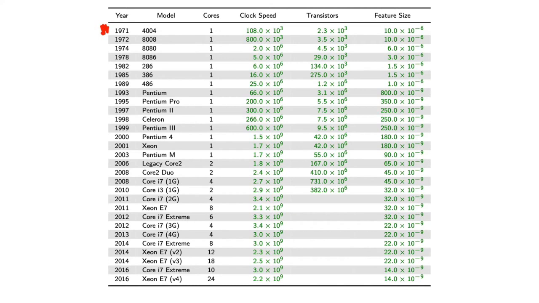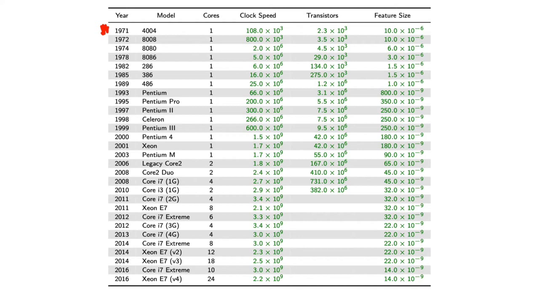This was a processor that many of you may have never heard of, but the 4004 gave rise to the 8008 and the 8080, and the 8080's successor, the 8086, is the processor from which we get the common abbreviation for processor architecture, x86. So the 4004 is the great-great-grandfather of the 8086.